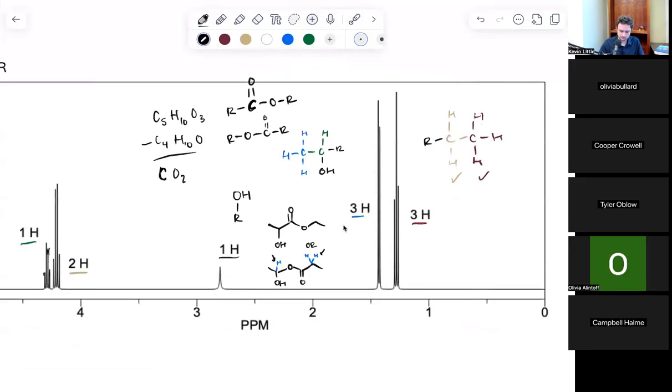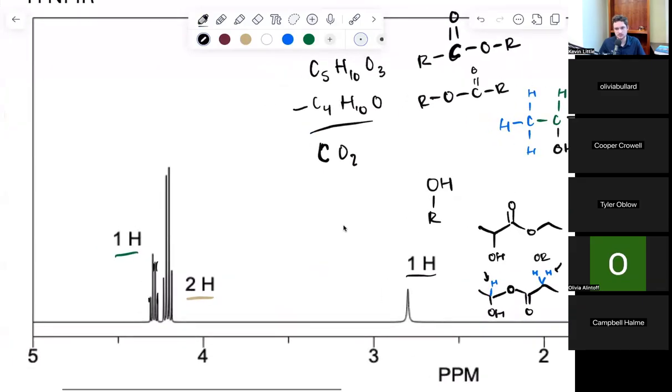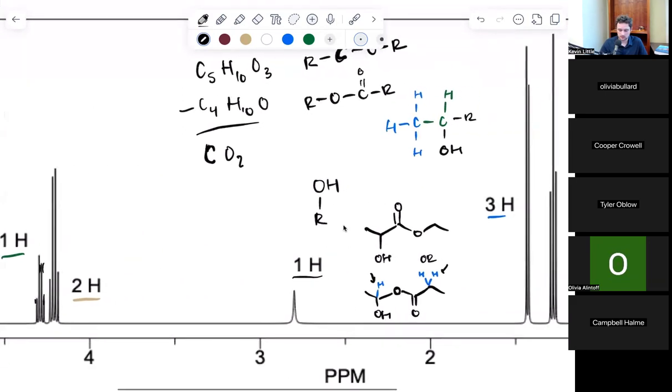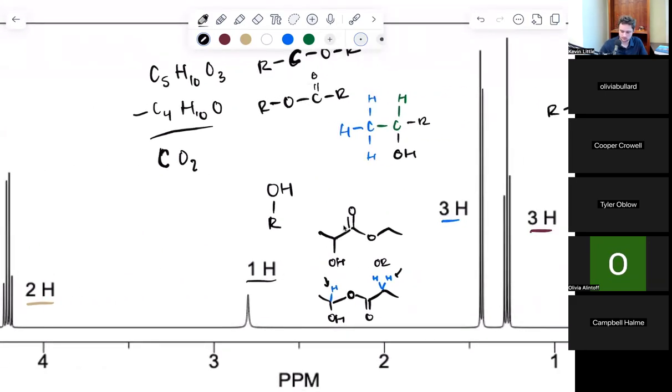Is that what I see? Do I see that the 1 hydrogen is significantly more downfield than the 2 hydrogens? No, not really. They actually look very similarly downfield. So that seems to fit this structure more, where these two hydrogens are one bond away from one oxygen, and this hydrogen is one bond away from this oxygen.